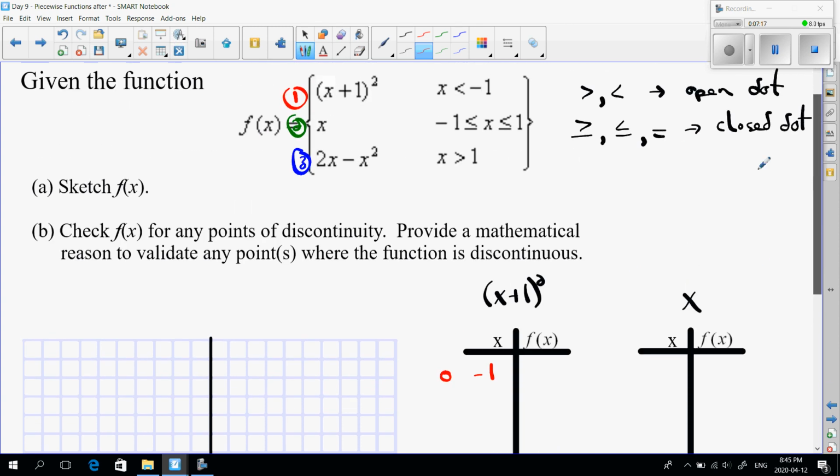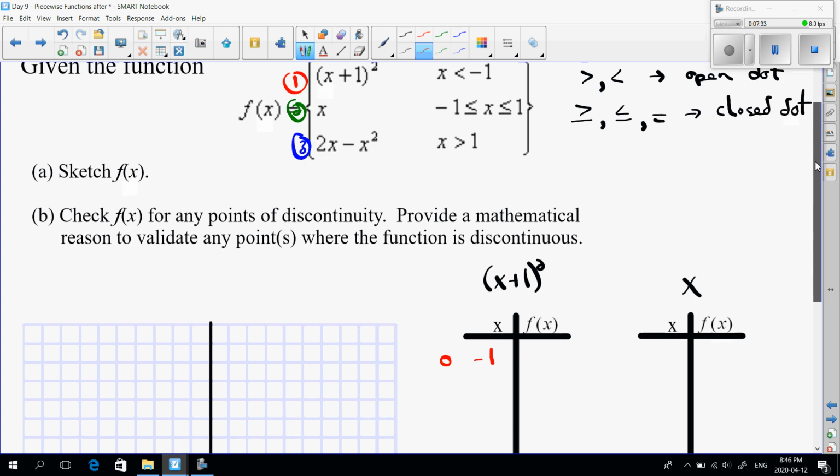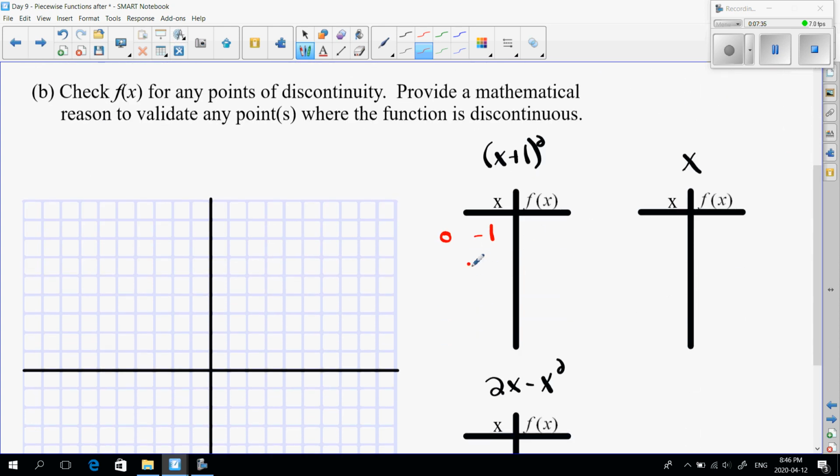Again, why can it not equal -1? Because it just says less than -1. Less than requires you to draw an open dot. Now keep in mind, it could be -1.1 or it could be -1.05. That's why I don't just start at -2 or -3 or -4.